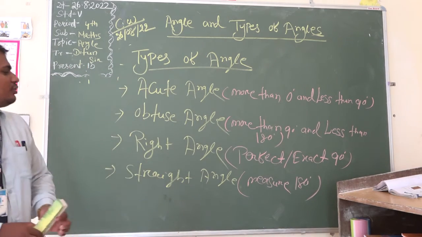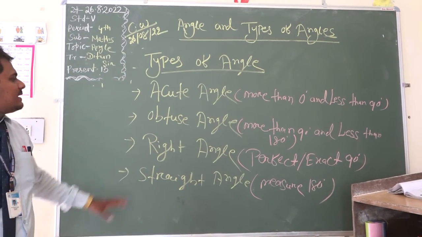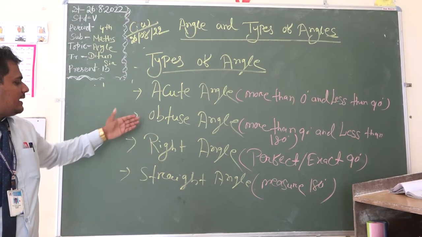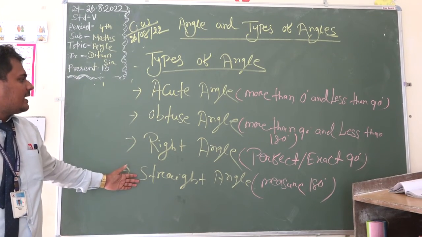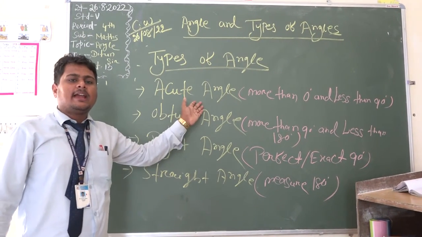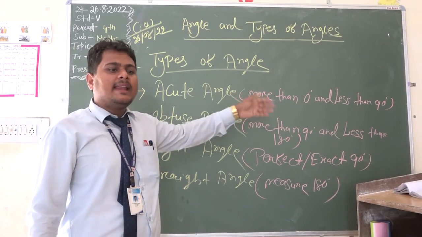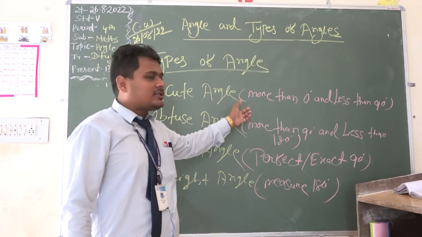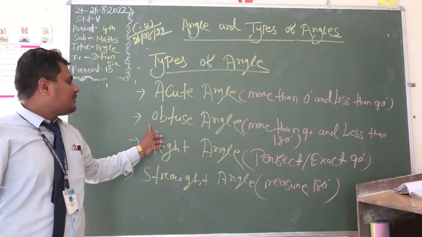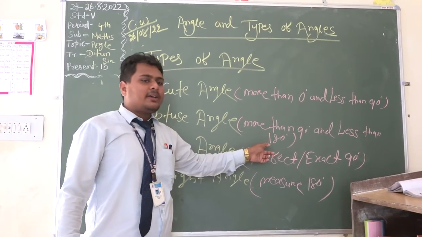So these are the four angles: acute angle, obtuse angle, right angle, and straight angle. Acute angle means more than 0 degree and less than 90 degree. Obtuse angle means more than 90, less than 180.